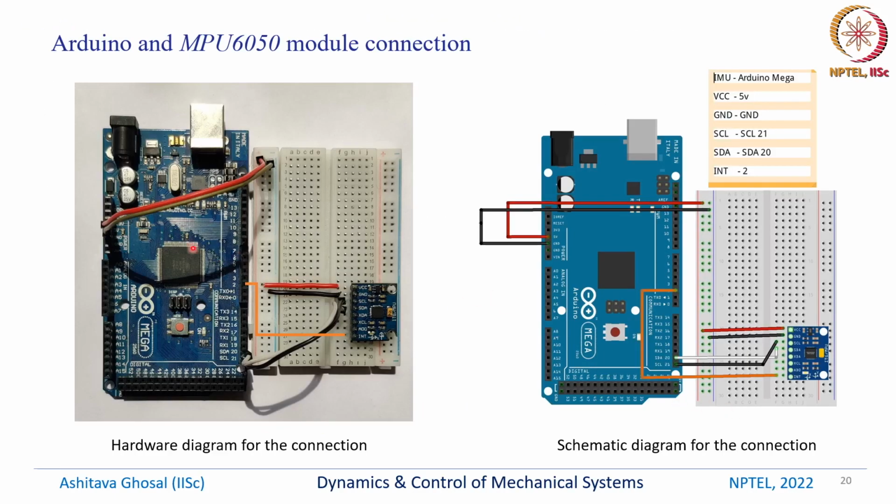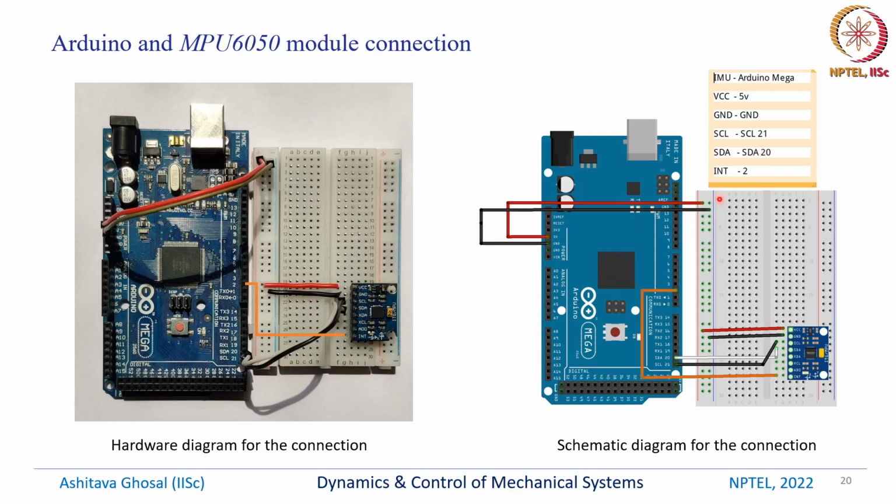So here is the hardware which was built by one of the TAs of this course, Pramod Pal. Basically this is the Atmega Arduino board. There are some processors. This is the sensor, the MPU 6050 module, and you connect it up. Let's not worry about the details of connection, but it is very straightforward and simple.